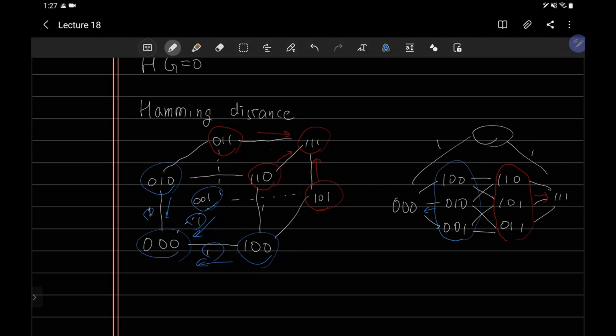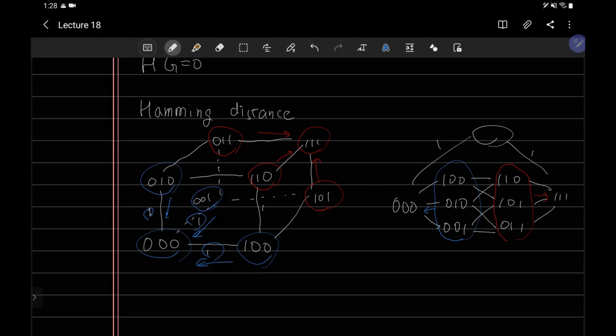And in this case, the Hamming distance from here to here is not 3, because there is a path which has only a distance of 2. And the most embarrassing part is, if I obtain this kind of code word, then which one should I correct back to?